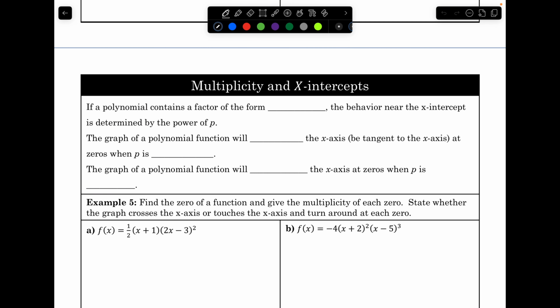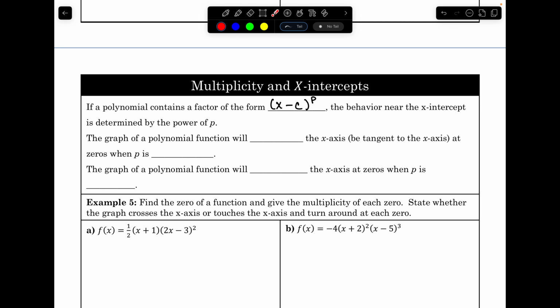Now recall that if a polynomial function contains a factor in the form of x minus c raised to a power, which we're going to call p this time, the behavior near this x-intercept, where x equals the opposite of this number, is going to be determined by its multiplicity, by this power p.